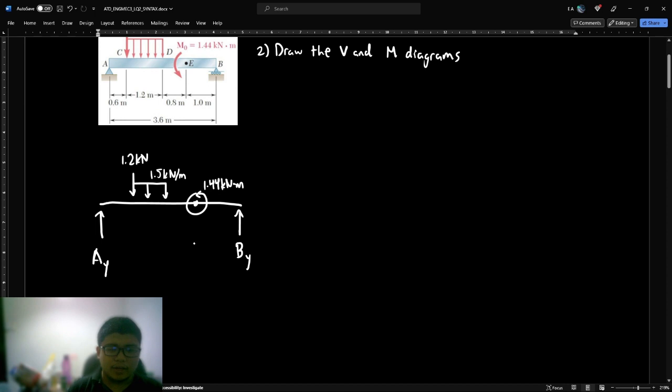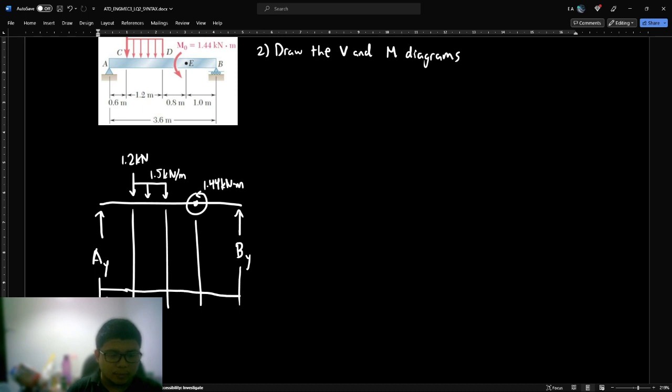Okay, so here as we could see, this is our free body diagram. Let's add the distances as well. This is 0.6 meters, this is 1.2 meters, 0.8 meters, and 1.0 meters.